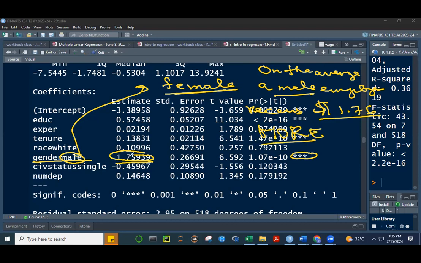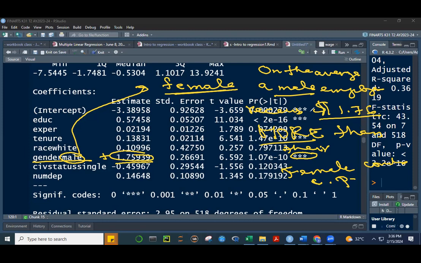Why more, class? Because it's positive, so it's plus. Plus relative to female, okay? More than their female counterparts, ceteris paribus, CP.